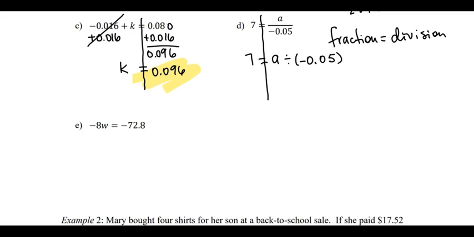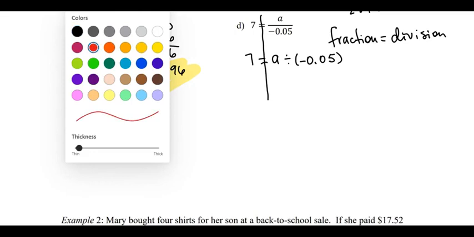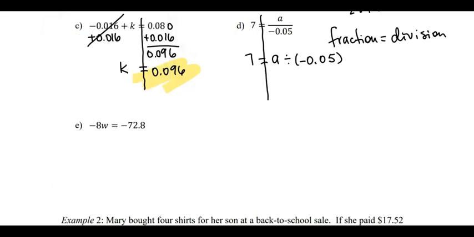I'm going to use a different color so we can see it a little bit better. So we're going to multiply times negative 0.05. It's easier to see it that way.